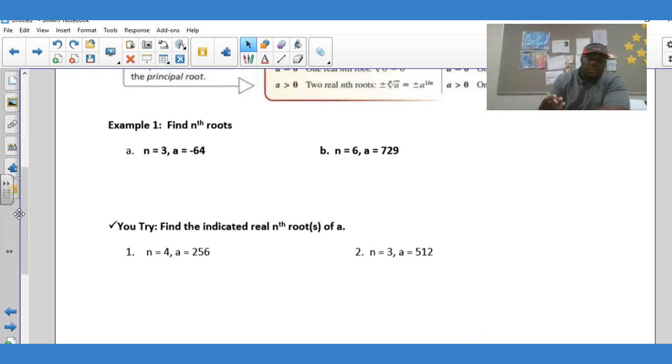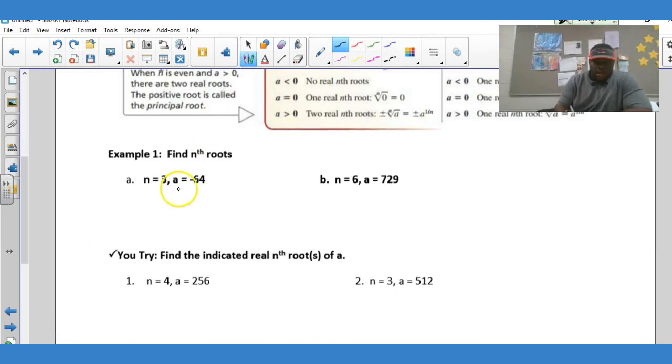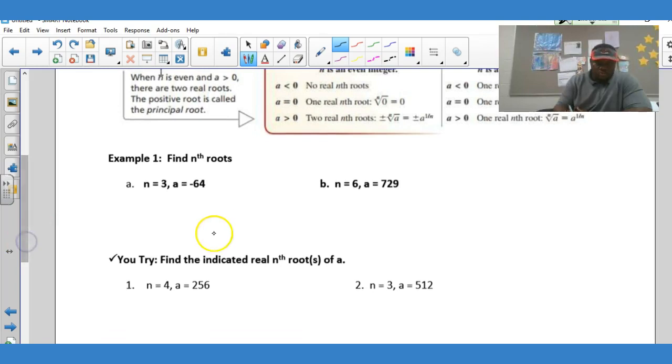Find the nth roots. On this first example, we have A. So we have the cube root of negative 64. The n is our index, 3. Now, this is not like square roots, this is a cube root.